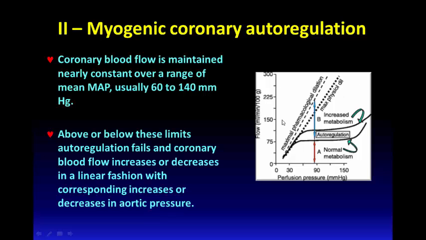This figure demonstrates the myogenic coronary autoregulation with the coronary perfusion pressure on the x-axis and coronary flow on the y-axis. We can have the mean aortic pressure, the mean arterial pressure, on the x-axis instead of the coronary perfusion pressure.